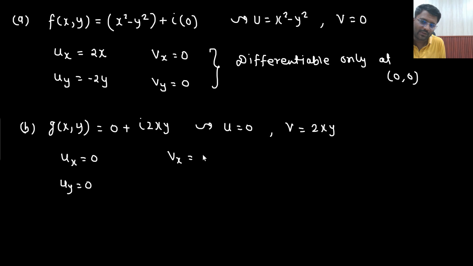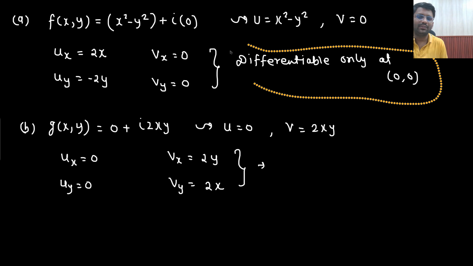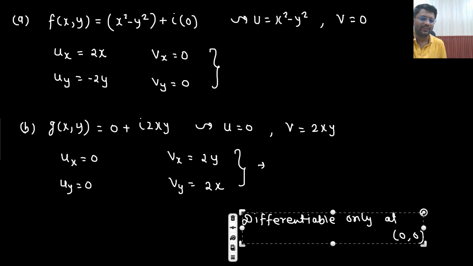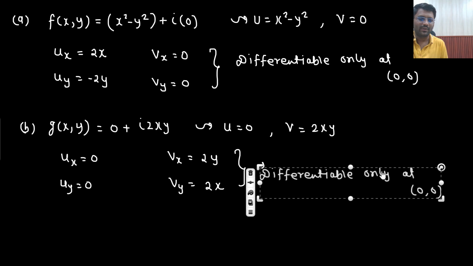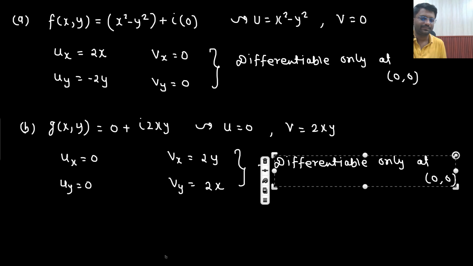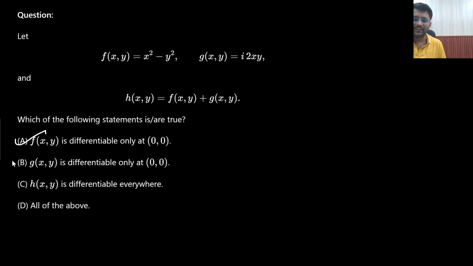Partial differentiation of v with respect to x will be 2y, and v with respect to y will be 2x. These should be equal, which means x and y would be 0 only. So again, differentiable only at 0, 0. Say yes or no? Yes, it is differentiable at 0, 0.